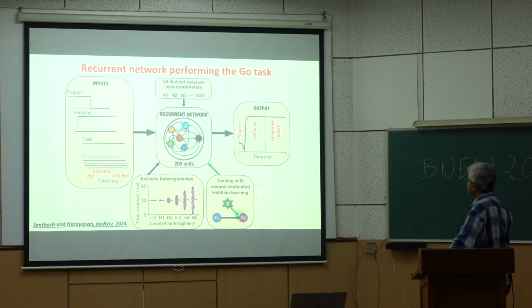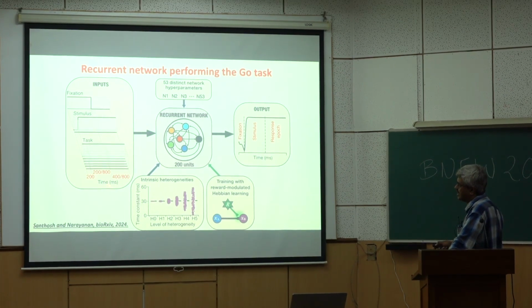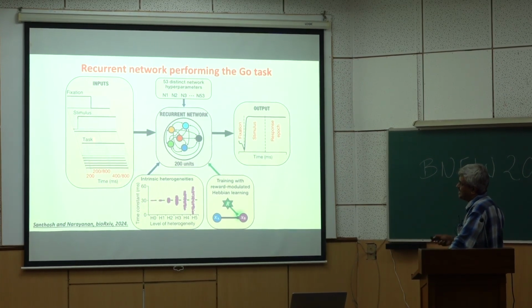And you had a training system with the reward modulated Hebbian learning rule. So that's the task, and these were variable. It has to be variable because otherwise the network would just learn that particular pattern, not necessarily learning the task, and therefore you have to perturb the timing of the fixation and the stimulus periods and so on and so forth.